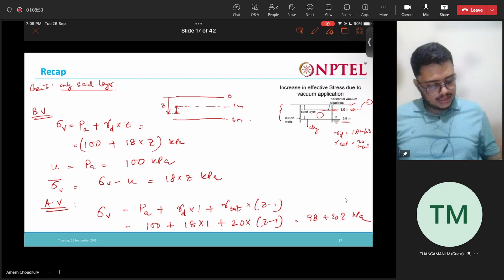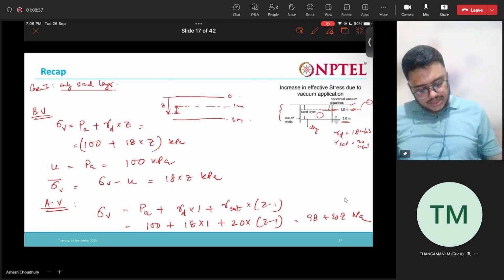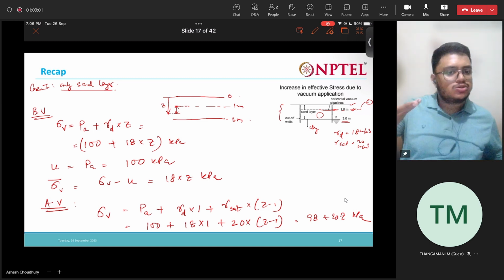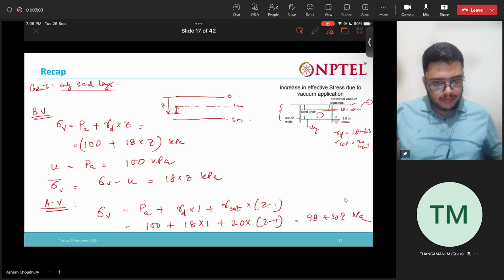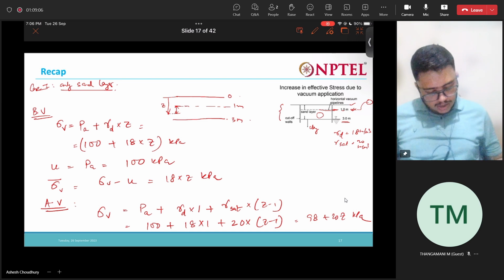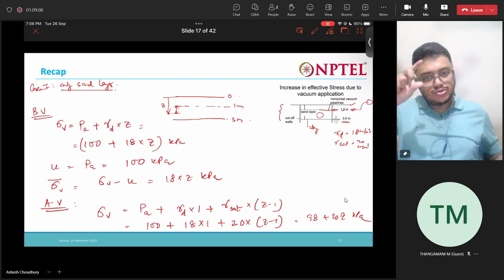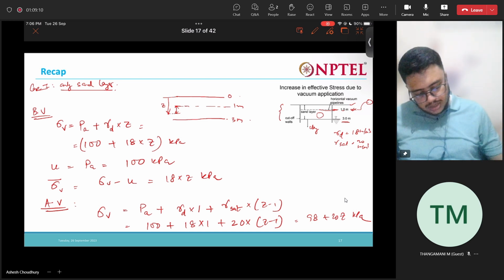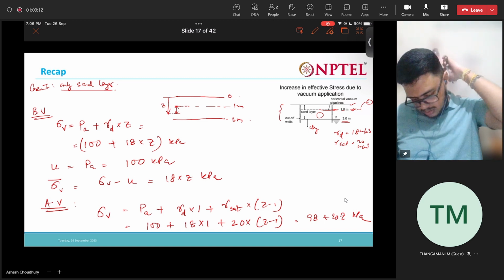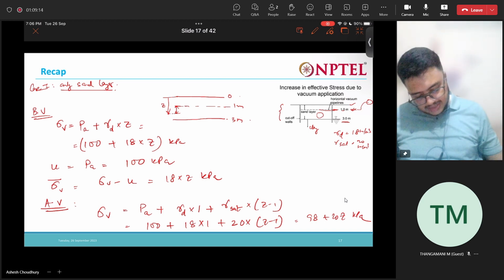Okay, I hope this is clear. Now what will be the pore pressure at this point? Now P atmospheric is not there, because you have made it vacuum. So 0 plus, since water is here now, z minus 1 into gamma W. This distance is z minus 1.